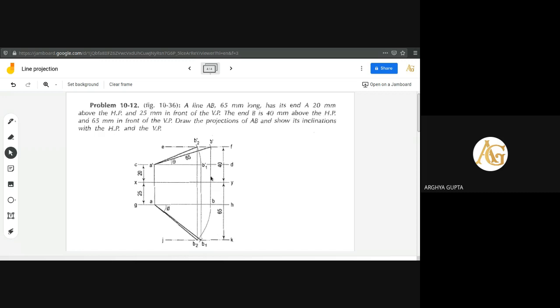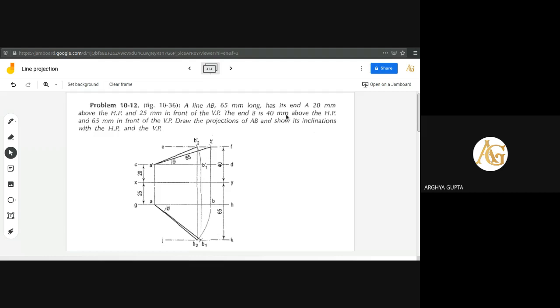So we need to draw a horizontal line 40 mm from the XY line. That line EF is 40 mm above the XY line, and then in the pencil compass you take the length 65 and, making center at A dash, cut a point on the horizontal line. Then you will find B dash. So A dash B dash of 65 length is found.